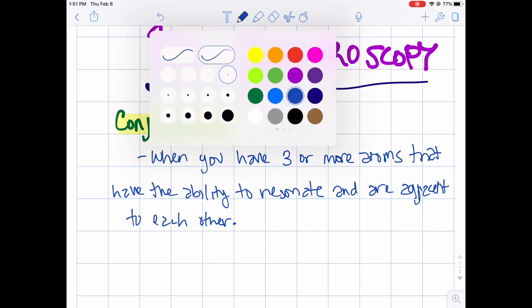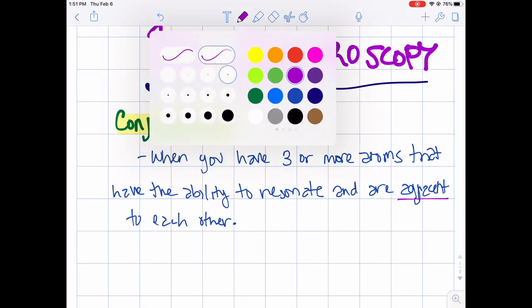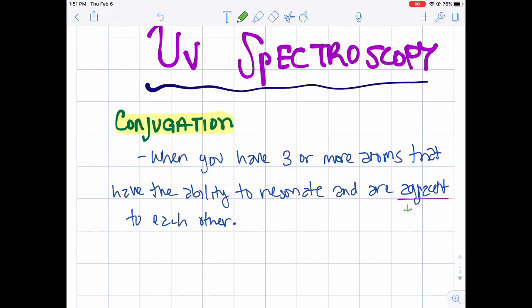So what do I mean when I say adjacent? I basically mean when they are one carbon away from each other, right? We talked about resonance in organic chemistry 1.